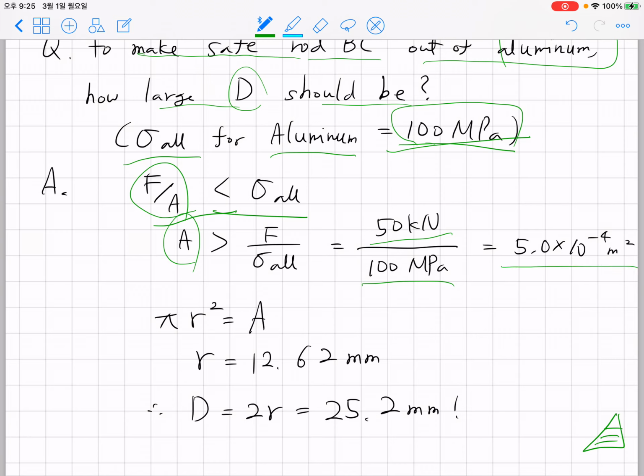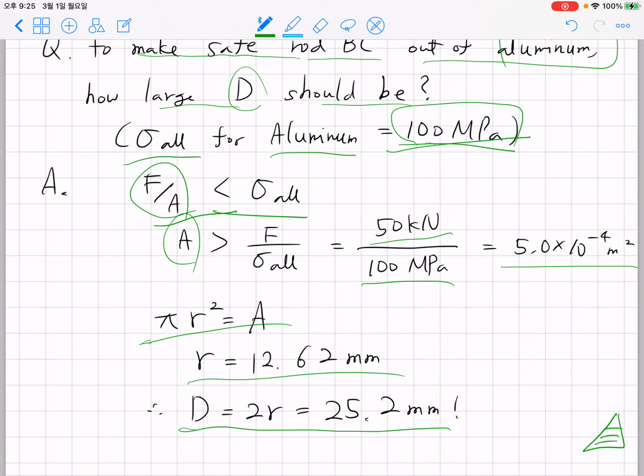The area must be larger than 5 times 10 to the negative fourth power square meter. Okay, and if you plug in pi r squared is A, r must be 12.62 millimeter, and diameter must be 25.2 millimeter.